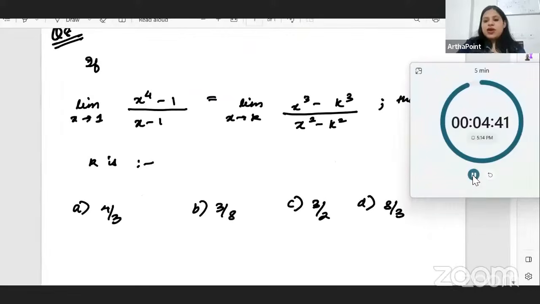What is the value of k? You have 5 minutes to solve this question. The two limits are equal. Find the value of k.